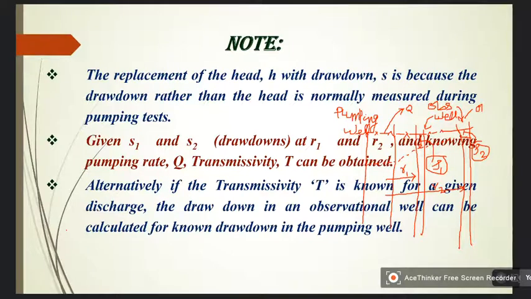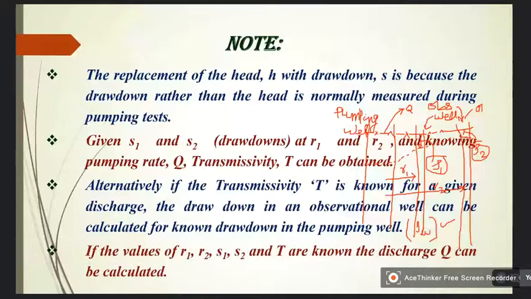Known drawdown in the pumping well means our SW. When we do problems, I will explain how to carry out these numerical problems. If the values of R1, R2, S1, S2 and T are known, the discharge Q can be calculated. This is the application of the equilibrium equation.